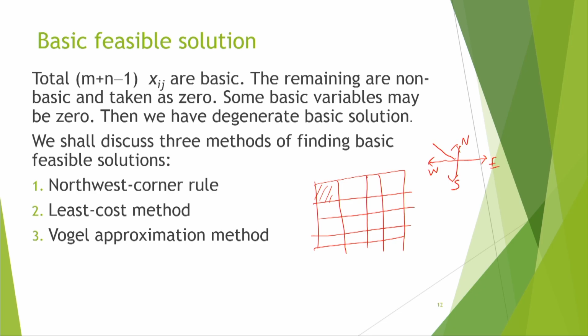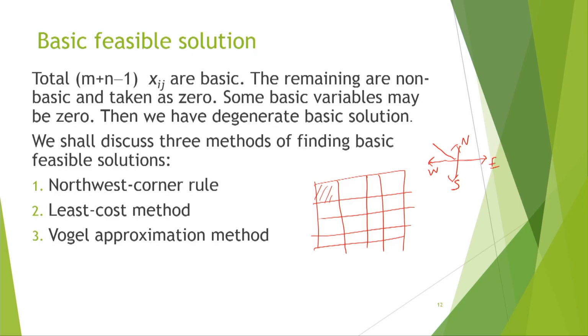Another method is called the least cost method. It is a heuristic method, meaning it is based on your understanding and reasoning, without going much into mathematics. You assign the maximum quantity to the cell which has the minimum cost first, and after that is assigned, you go to the next cell.